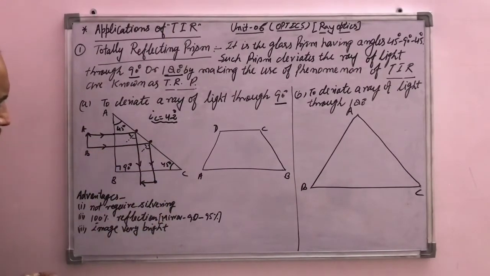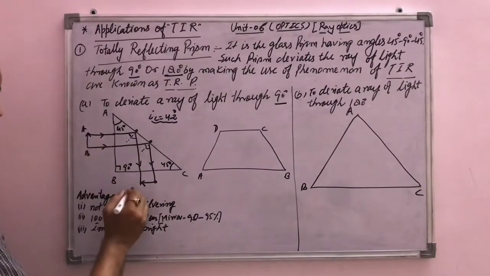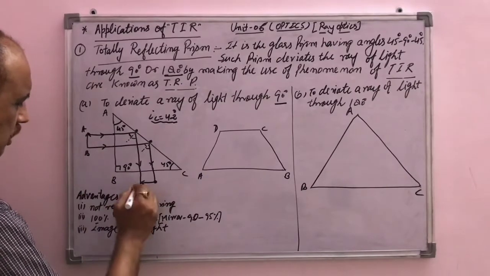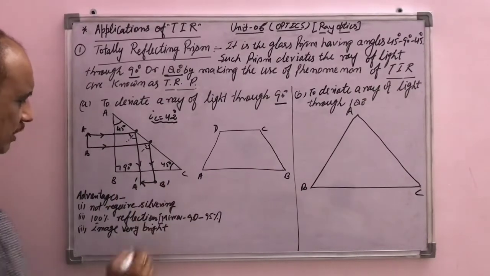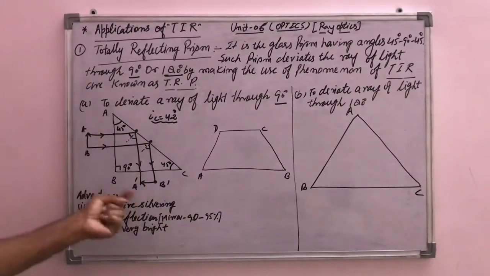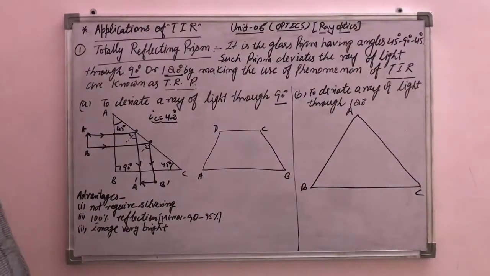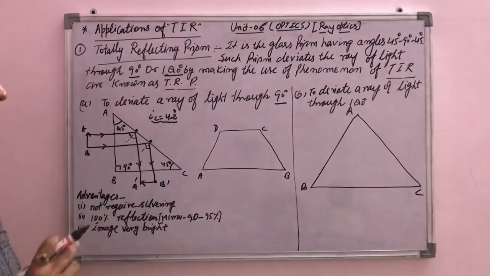The image of the object AB is formed as A dash B dash here. In this way, we can see that the ray is deviated through 90 degree.